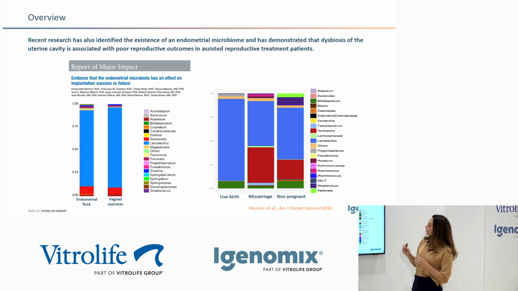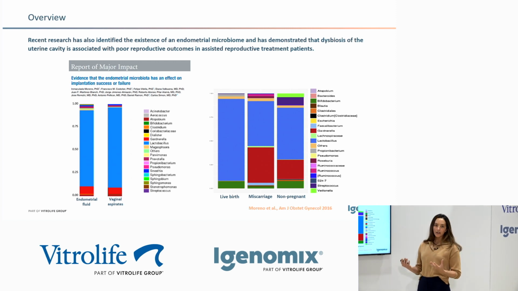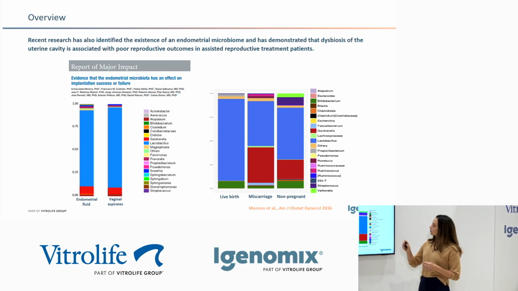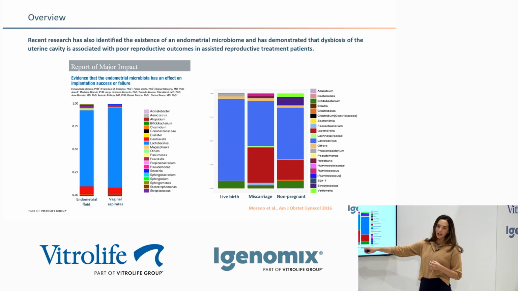When we looked at the different bacterial profiles, we associated them to different clinical outcomes. Patients with a high level of Lactobacillus and very little pathogens had higher likelihood of live birth, versus those patients with miscarriage or not pregnant, where we see a high percentage of pathogenic bacteria.